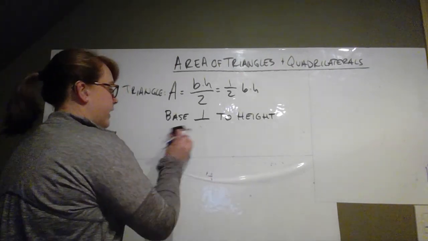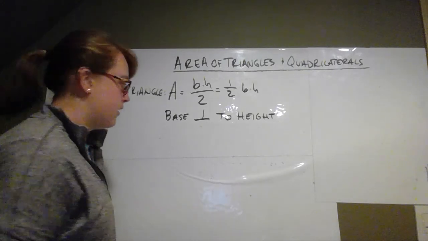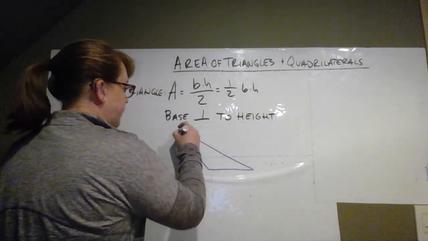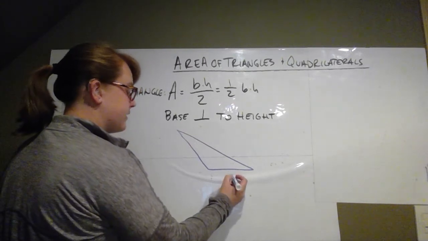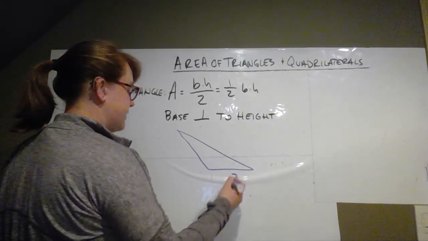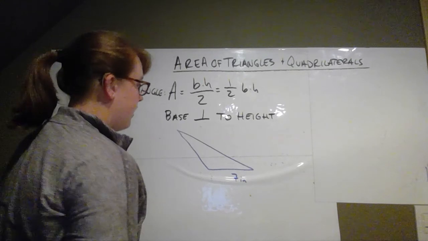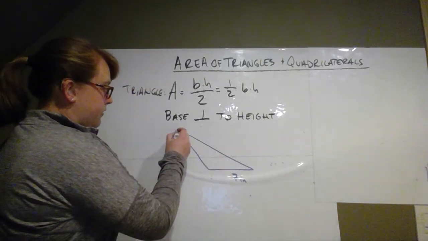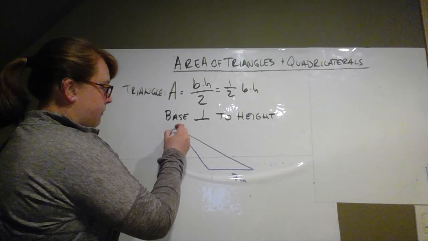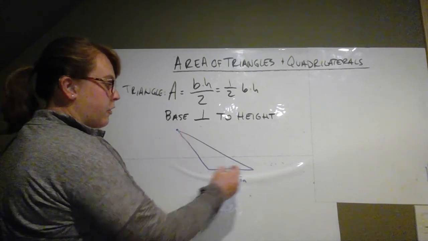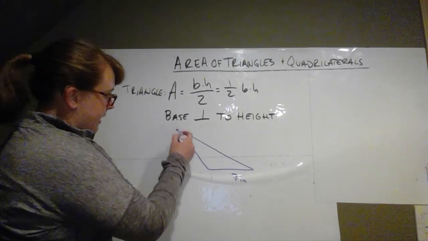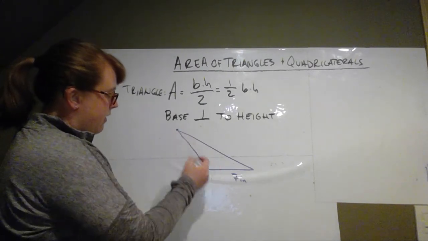If we have a triangle like this, and you want to use this side as the base, let's say it's 7 inches, I can't draw a line from this corner landing over here that's perpendicular. They're all going to end up being slanted, right?